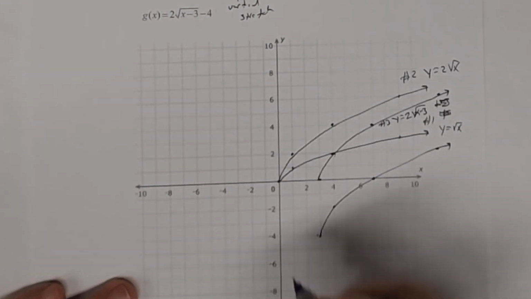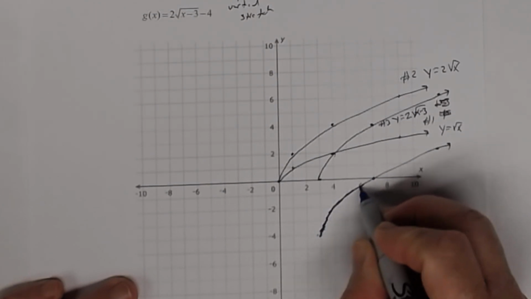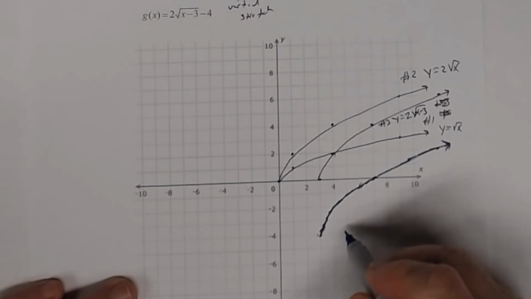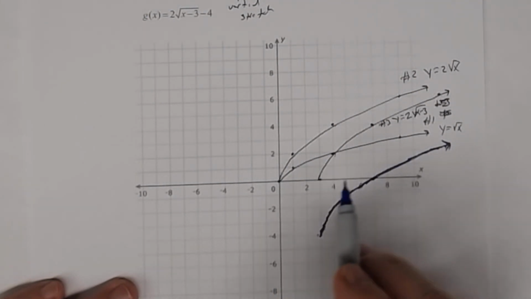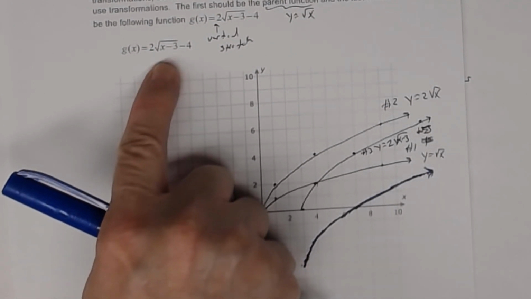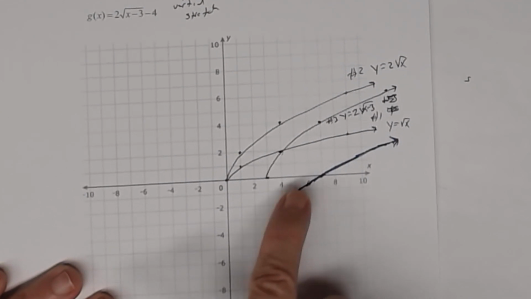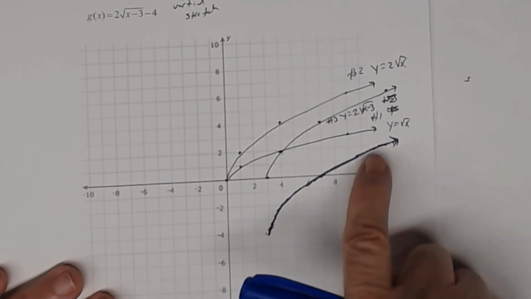I'm going to make it a little bit darker than the others to indicate that that is the function I wanted to graph. Notice I got this function by using transformations. I did not use a t-table. That's not what you want to do. Always follow directions. The direction says transformations. So I used transformations to help me graph this function.